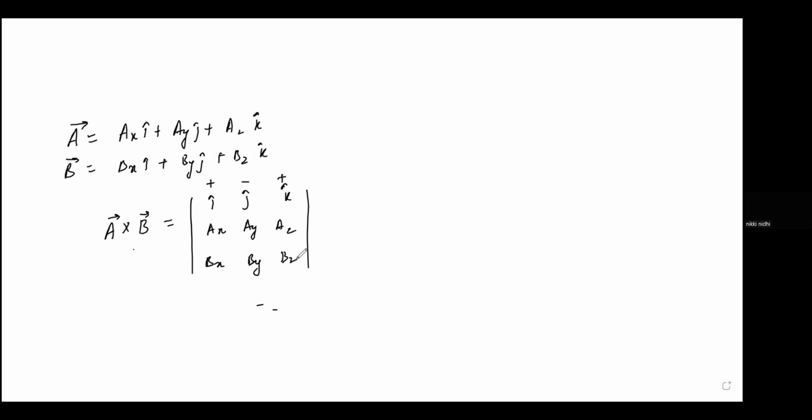Now, you need to take the first value, that is i. So the moment we take this, this row and column disappear for us. So plus i, along with that, what will come? Cross product ay bz minus az by.